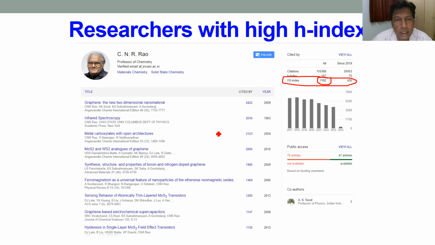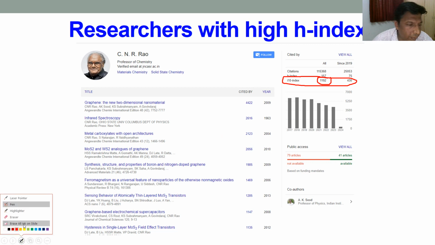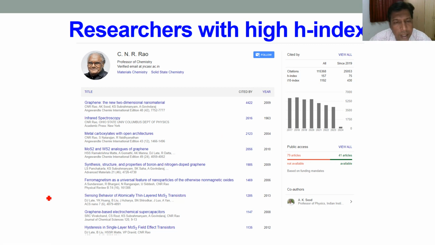Right? So this is H index, and if H index is high, it means researchers all over the world are referring to your papers for their research work. They are citing your paper. It means there is a high impact of your research on the society or community.